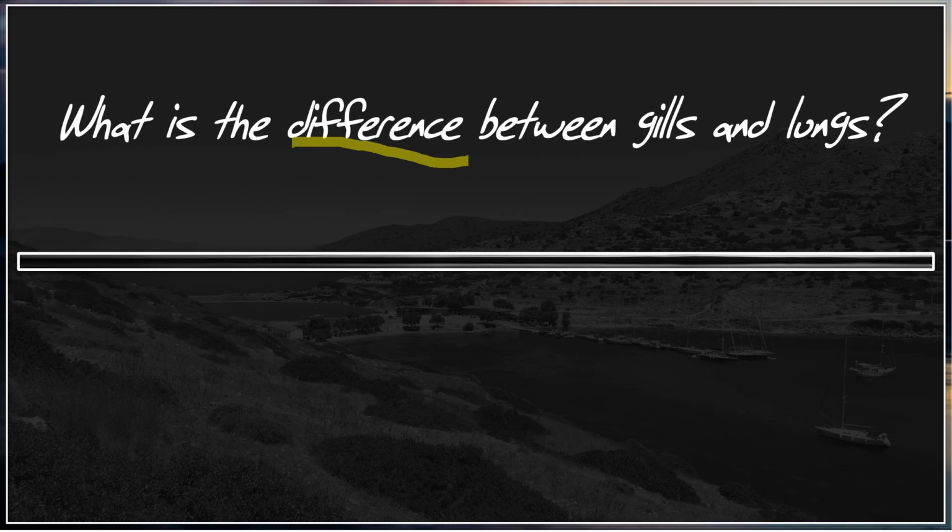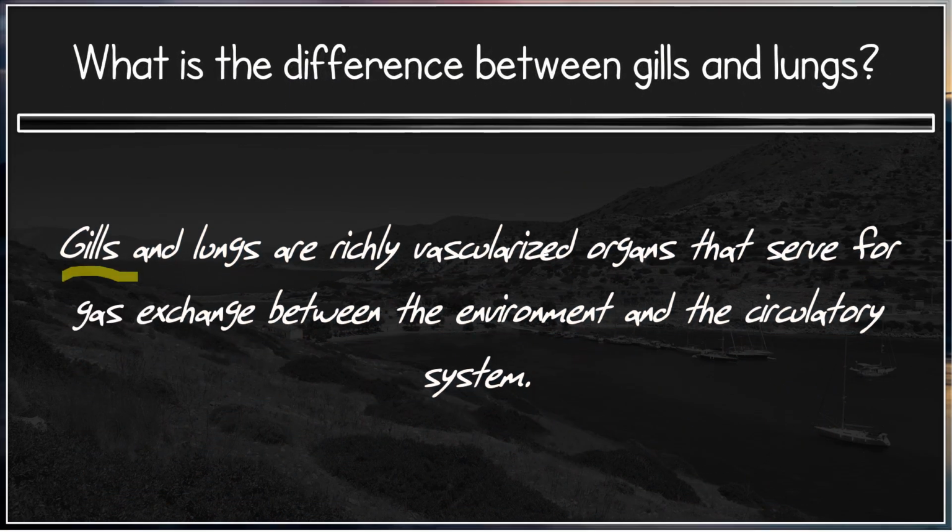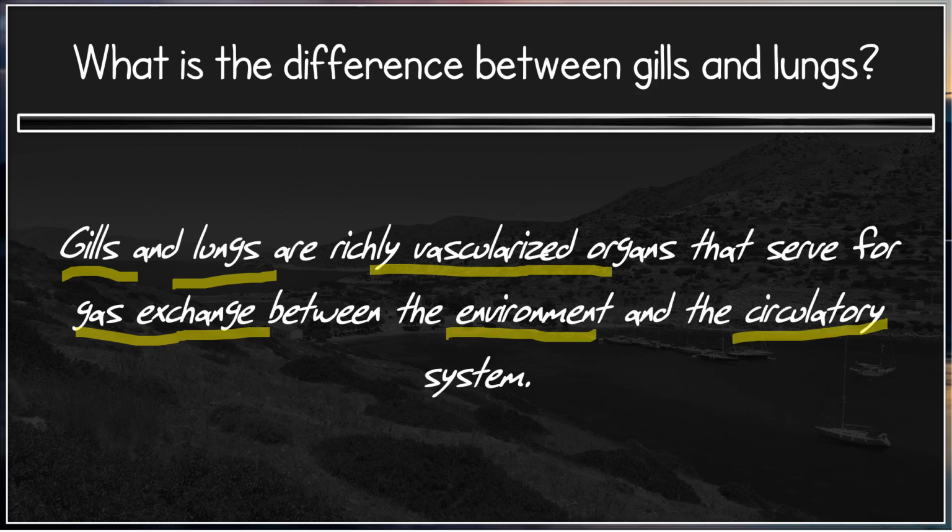What is the difference between the gills and the lungs? Gills and lungs are richly vascularized organs that serve for gas exchange between the environment and the circulatory system.